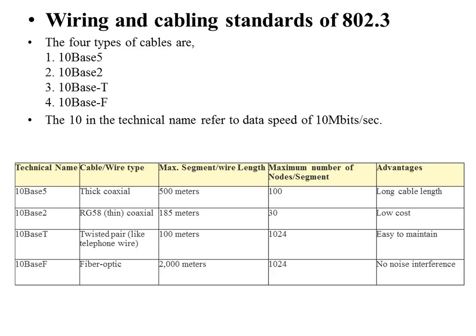Depending on what type of cable you are using and its technical name, the capacity of your network will change accordingly, and there are certain advantages and disadvantages associated with it.